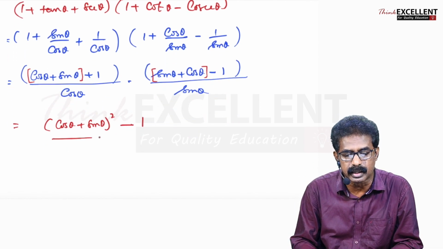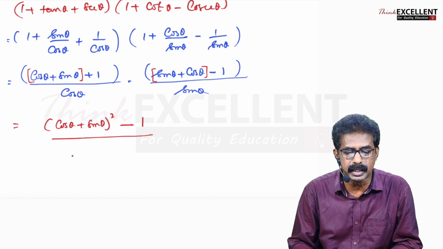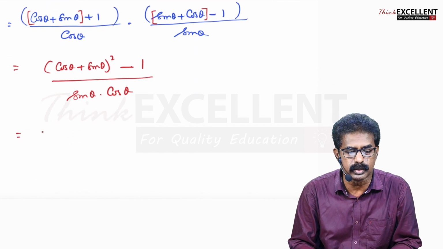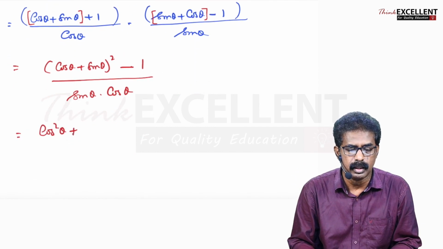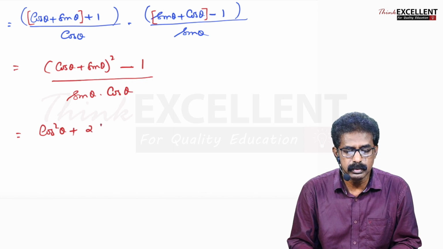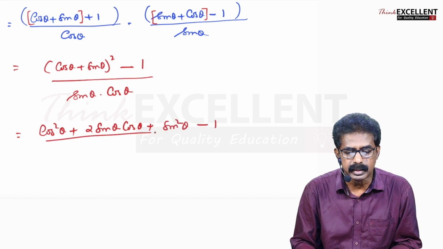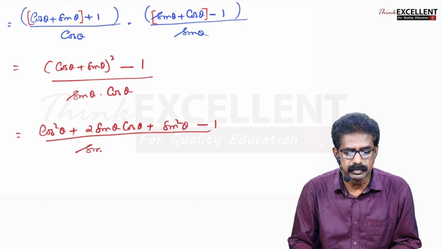That's all the numerator. Denominator is you multiply sine theta into cos theta. Numerator, expand it, A plus B the whole square: cos square theta plus 2 sine theta cos theta plus sine square theta, minus 1, divided by sine theta cos theta.